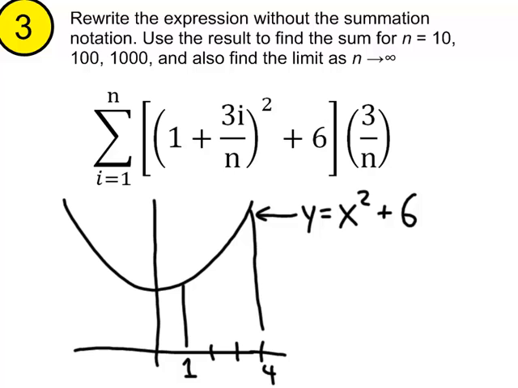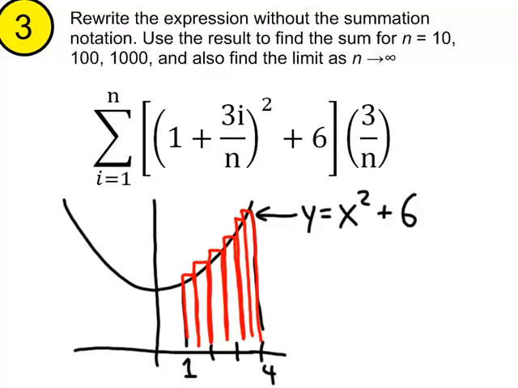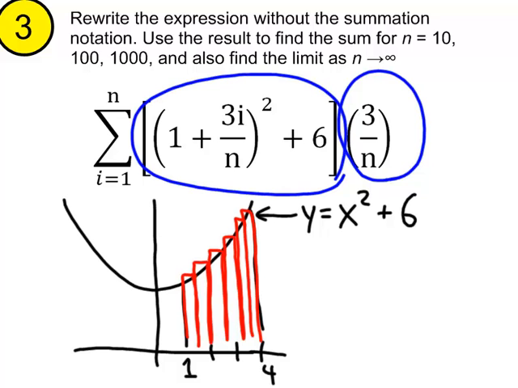And I'll invite you to pause the video as needed, start looking at that and trying to see the connection here. When you think of this concept of embedding rectangles underneath a curve, and how when we want to find the area of the curve, we're really going to start by finding the area of all those rectangles. Think of how this represents the base of the rectangles, and how this is going to represent the height of the rectangles.